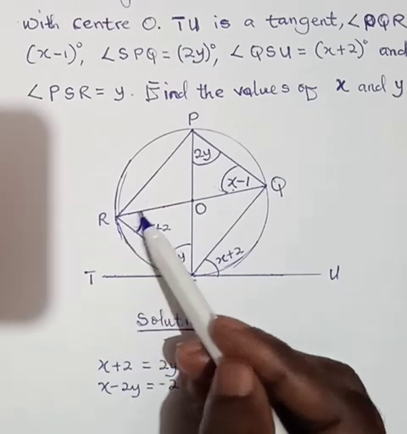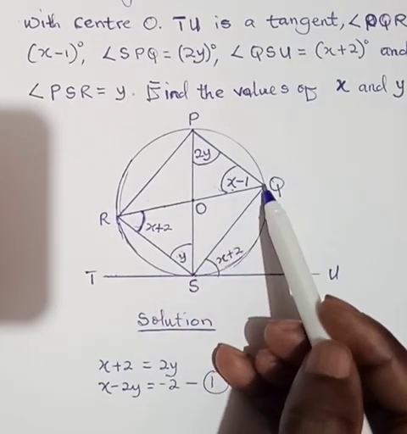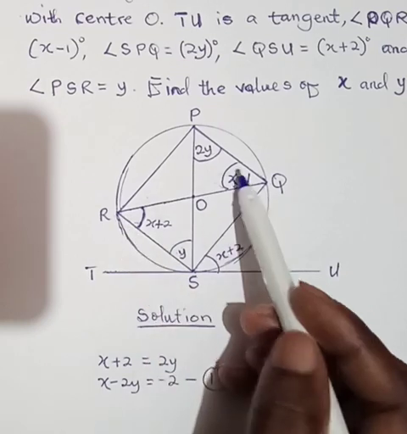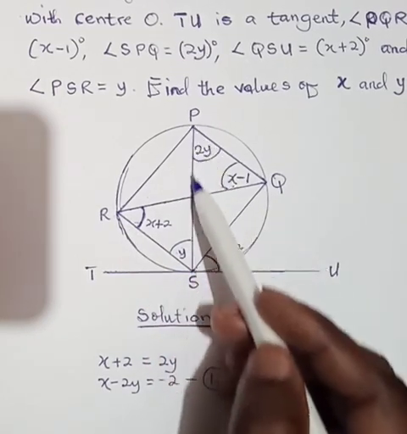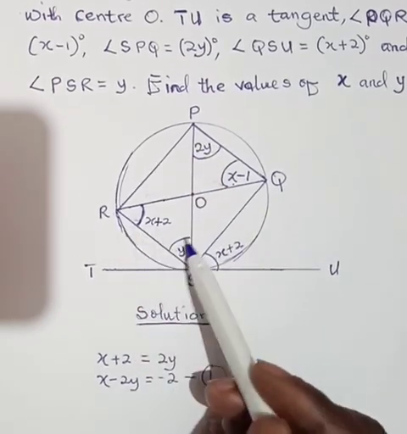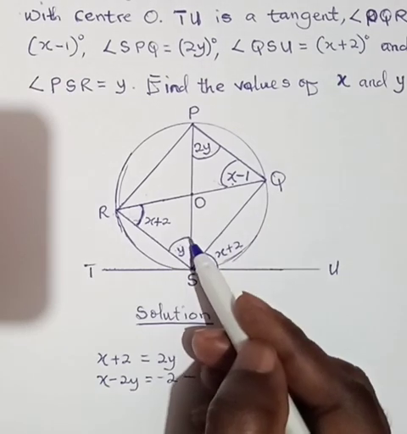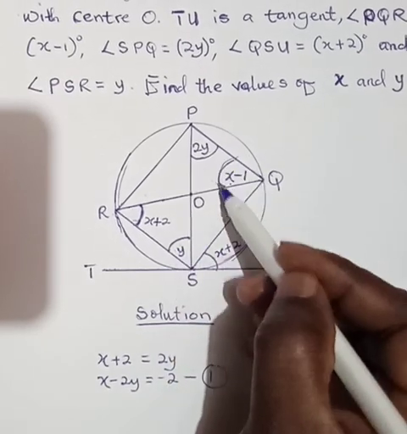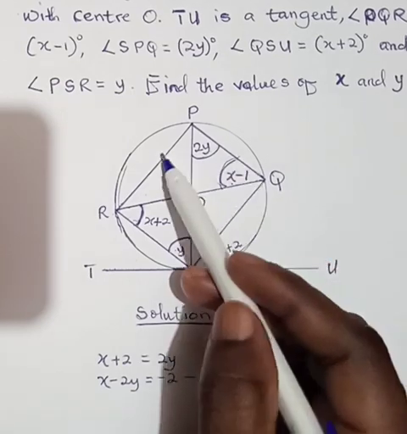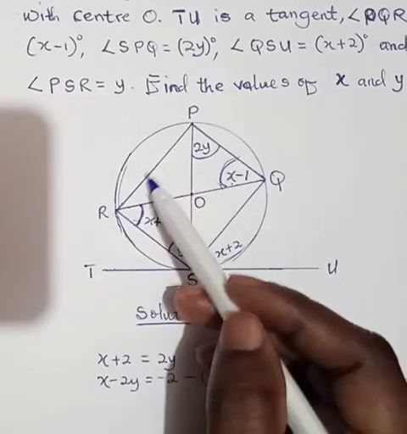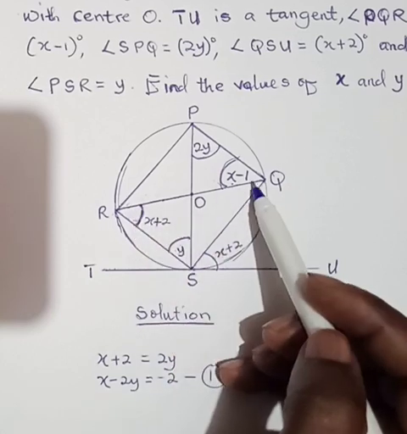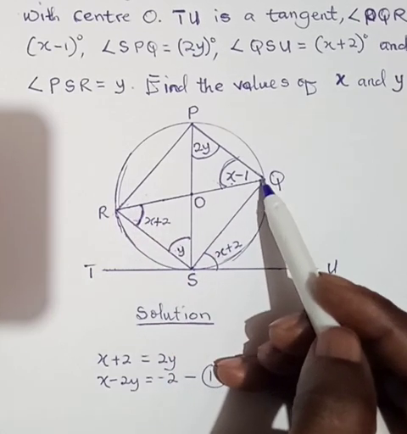So you see that this line, this angle formed here, have you gotten that? This is an angle, and this angle formed here, have you gotten it? So this angle and this angle are sharing the same chord, so they are subtended by this chord, and they are formed at the circumference.